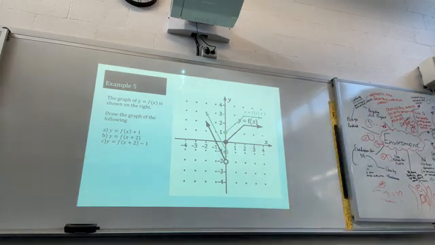Can you try the second one please? Plus 2. Where does it go? Left or right? It should be in the negative x axis.